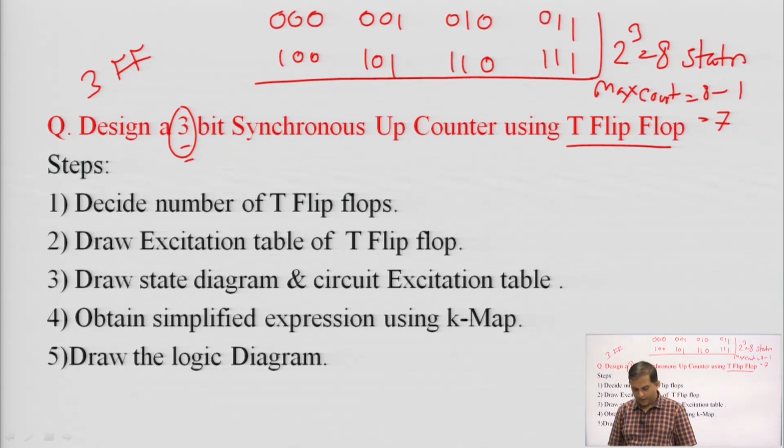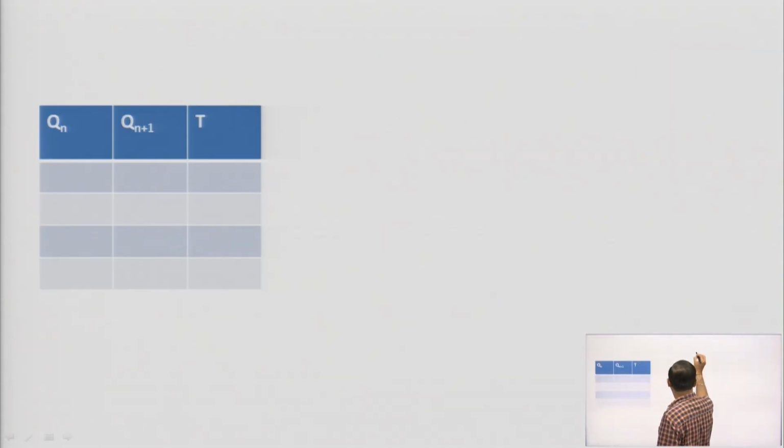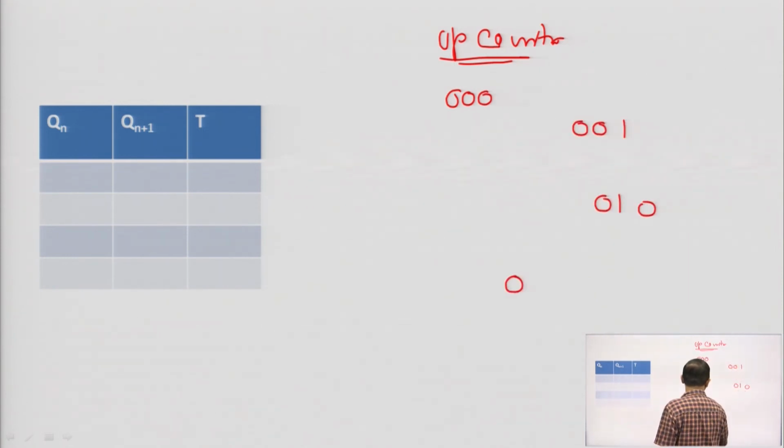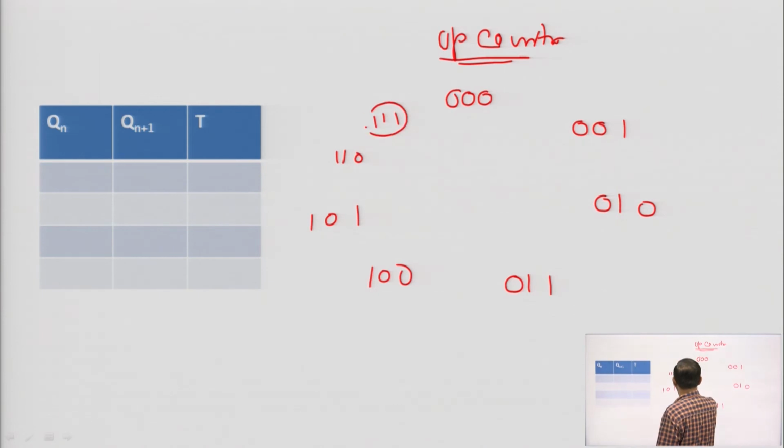So, now we can draw the state diagram of the up counter. The combination will be 000, 001, 010, 011, 100, 101, 110, 111.